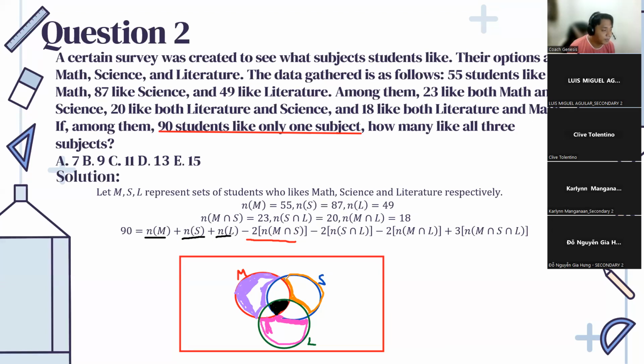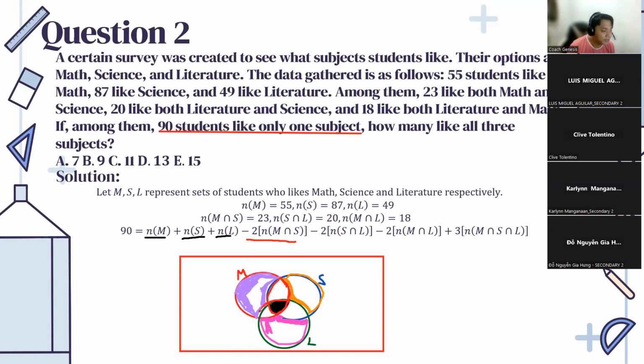The reason for that is because when you add these two circles, the intersection here is added twice, which means that in order to get rid of that, you must also subtract twice.